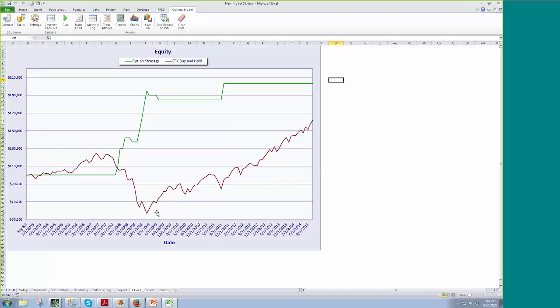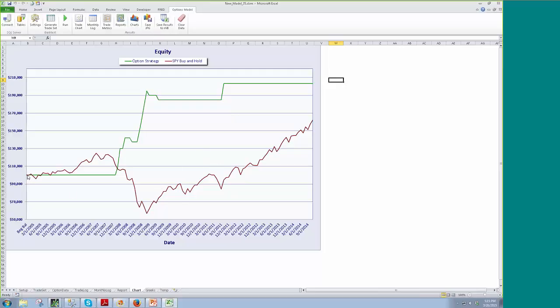You can see that the system didn't take any trades until here, basically in 2007. Then it started taking trades, and then it was out of the market all of this time. Then there were some signals to get in the market again, and it took one trade. So this is what's interesting.